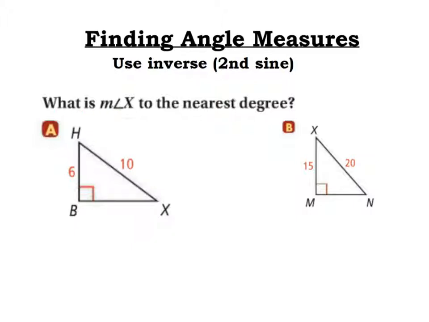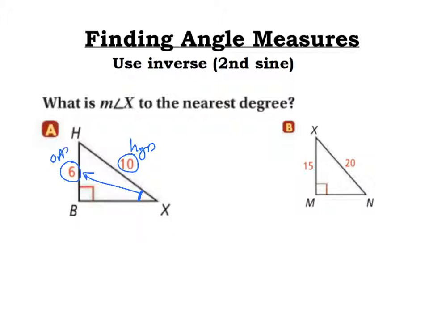What is the measure of angle x to the nearest degree? So I'm looking at angle x here, this one here. Which two sides do you think they've given me? I hope you're saying hypotenuse and opposite. Opposite and hypotenuse.